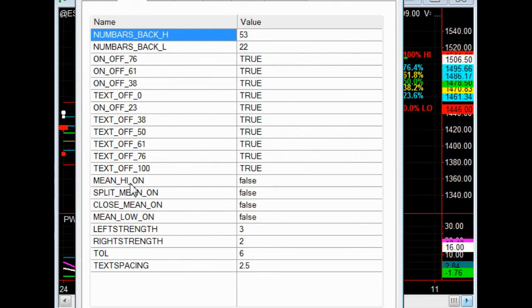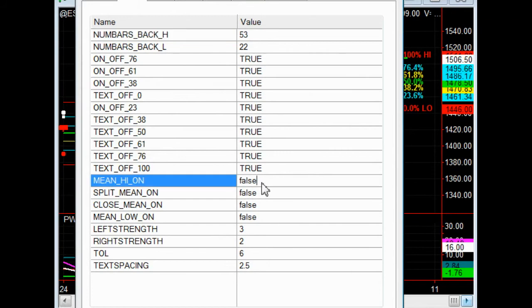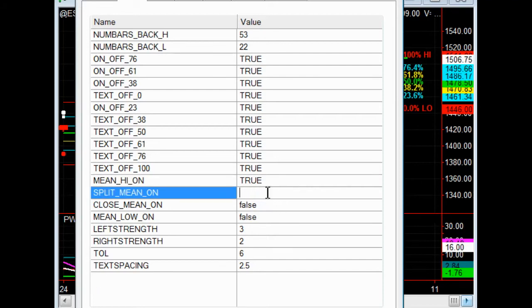These little mean situations here. So we have a mean high, a split mean, as well as the closed mean, and these are all mean averages that directly relate to price. So this was back before I completely eliminated price from the calculations.